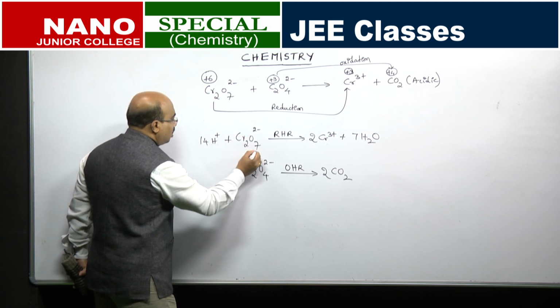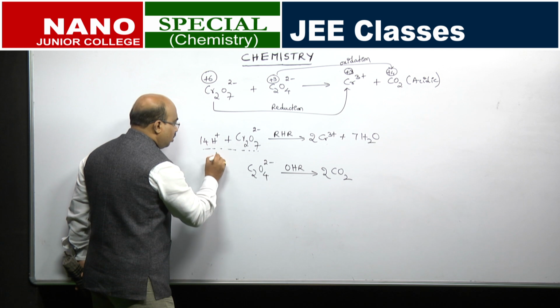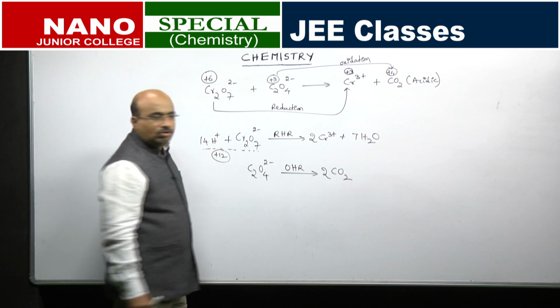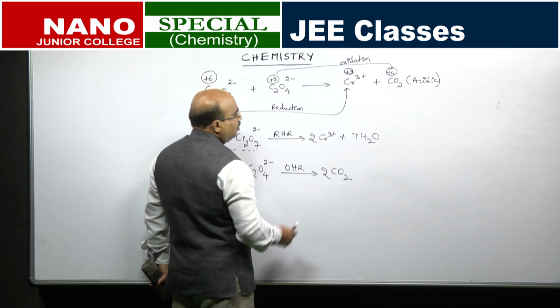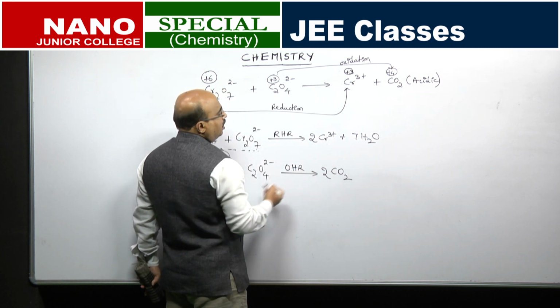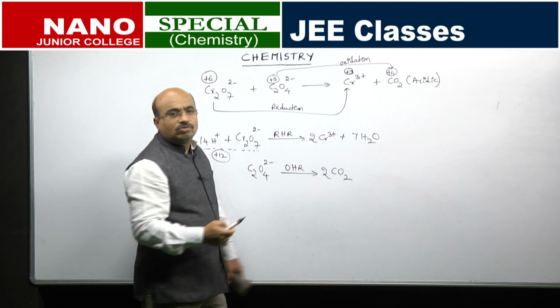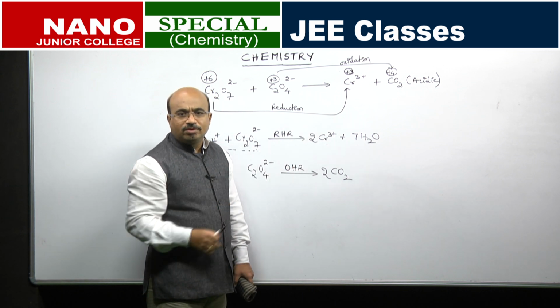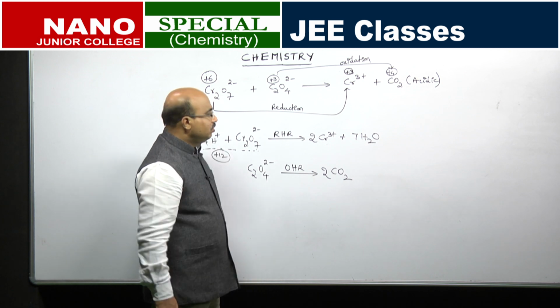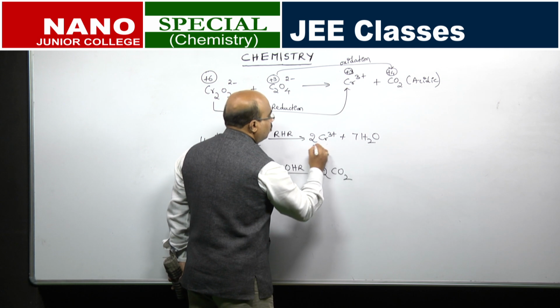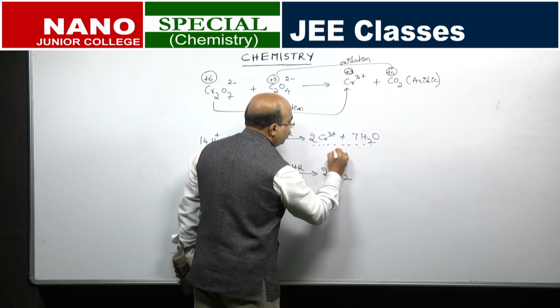So, the total charge on the left hand side here is plus 12. What is the total charge on this side now? Here 2 and this is plus 3, means each chromium with plus 3, there are 2 in number. So, what should be the charge on the 2 chromiums? Plus 6, 2 into plus 3, this is anyhow 0. So, total charge on the right hand side is plus 6.